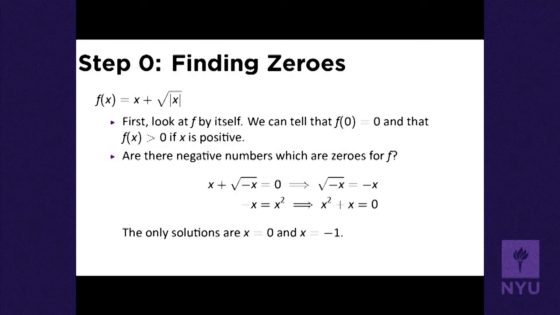And x equals minus 1. And now that we've solved it, it does make sense. Minus 1 plus the square root of the absolute value of minus 1 is minus 1 plus 1, which is 0. Okay, so these are the only x's for which f of x equals 0. We have (-1, 0) and (0, 0). Okay, a little bit hinkier algebra there, but it's really just a piecewise thing.